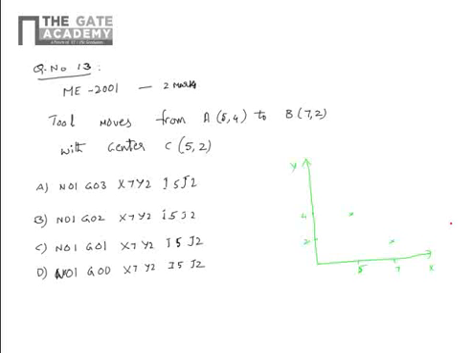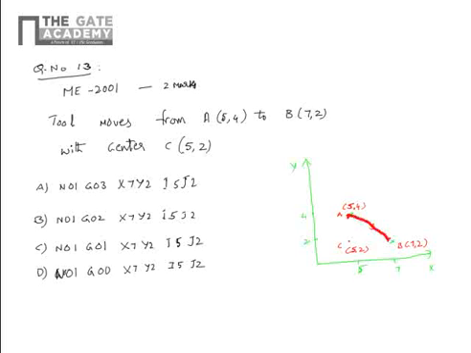The center is at 5 comma 2. This is C, this is A and B. A is 5 comma 4, B is 7 comma 2, C is 5 comma 2. With C as center, the tool is moving from A to B.